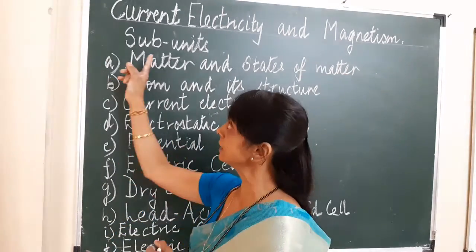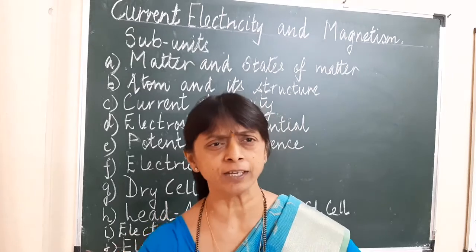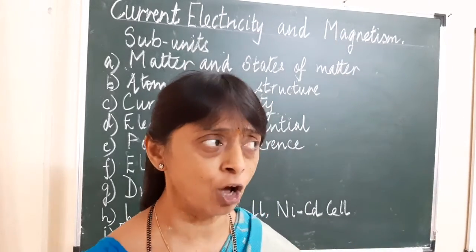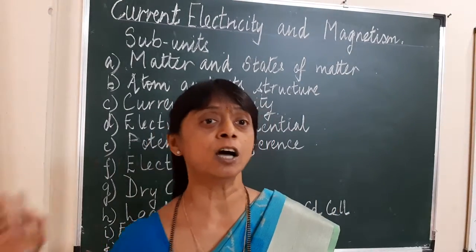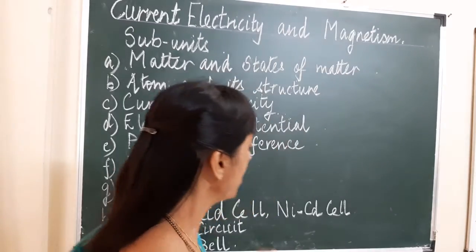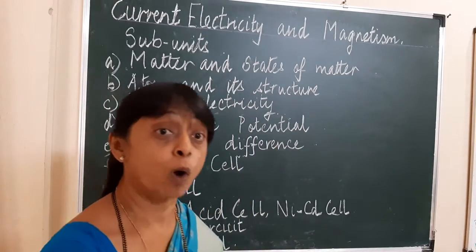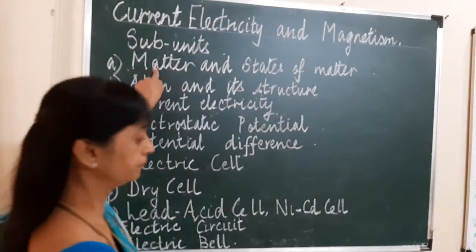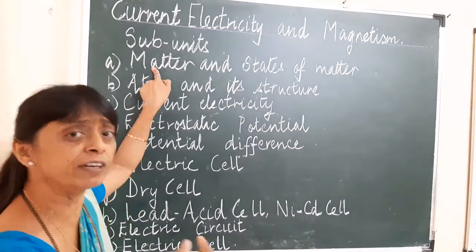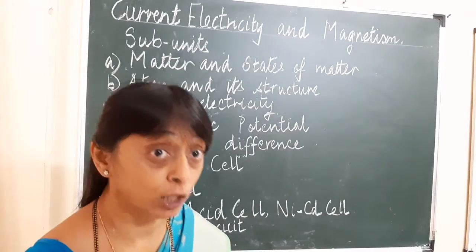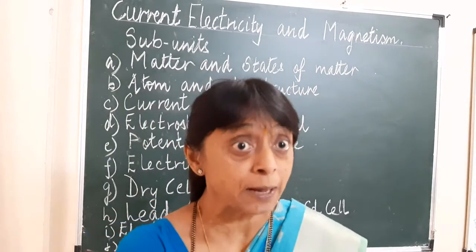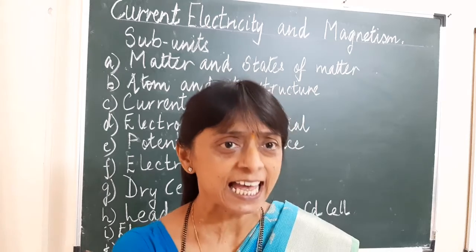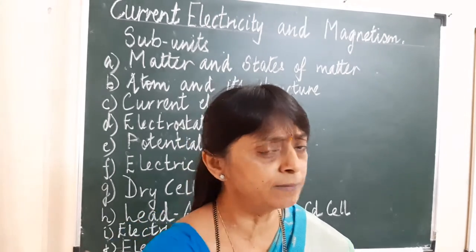That means, what is matter? Matter is everything around you, isn't it? All living things and non-living things are made up of matter. One more characteristic of matter is that matter is in every substance. And what does it have? It has mass, and it occupies some space.